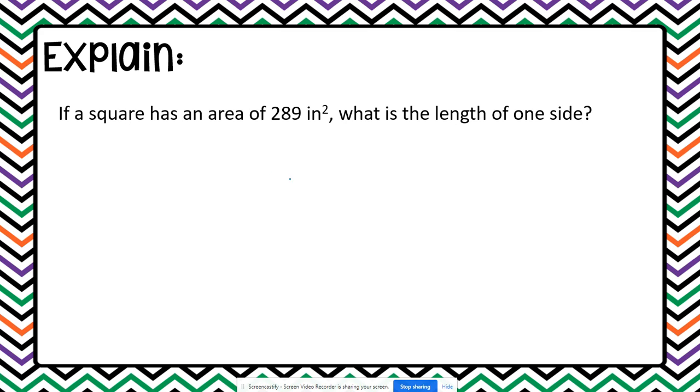If I have another square that has an area of 289 square inches, then I know that length times width is 289. So 289 is equal to x to the second power. Again, if I have x to the second power and I need to find x by itself, I would find the square root of both sides of the equation.